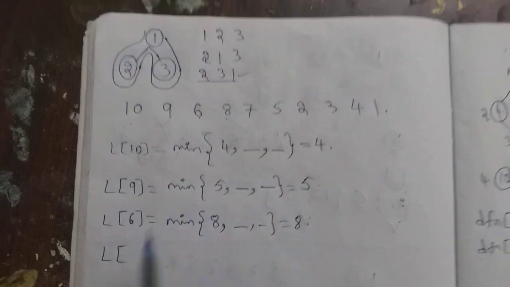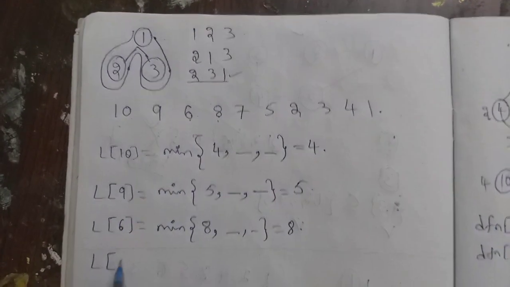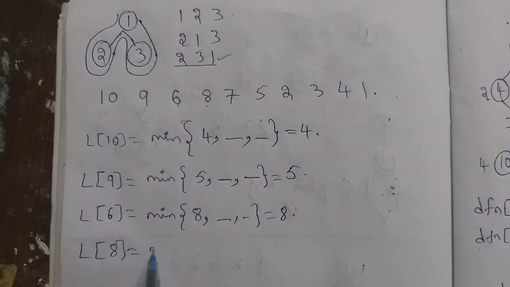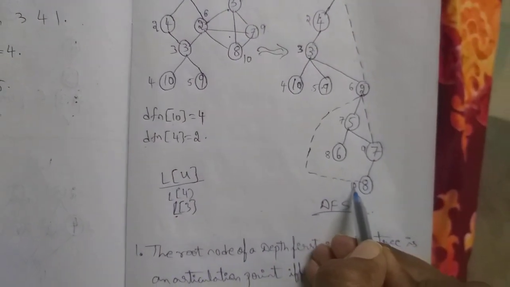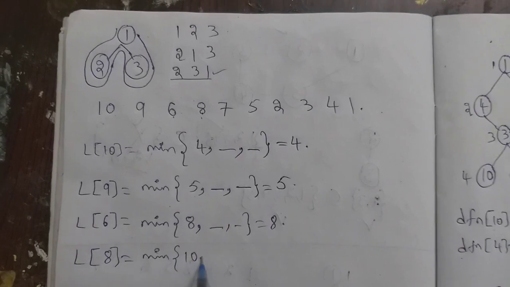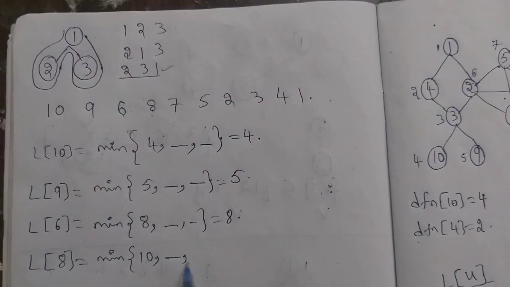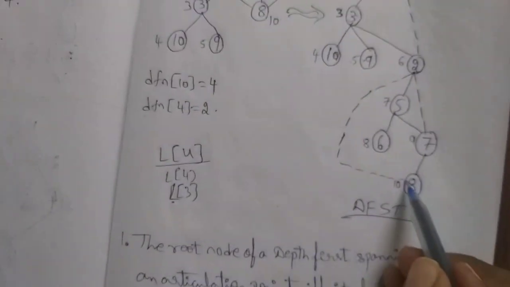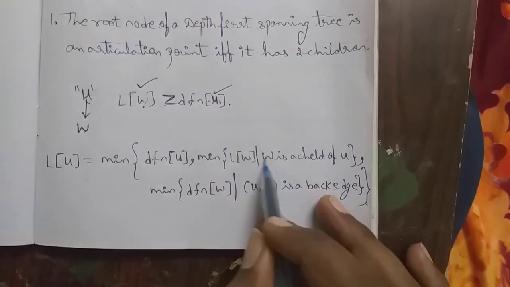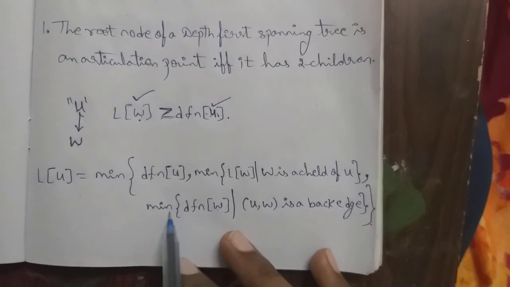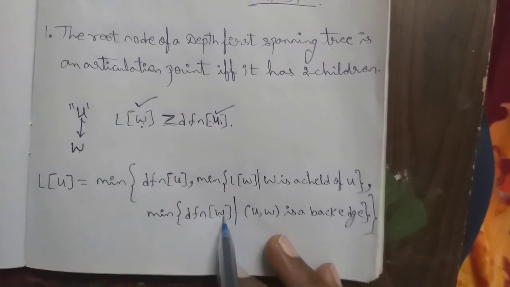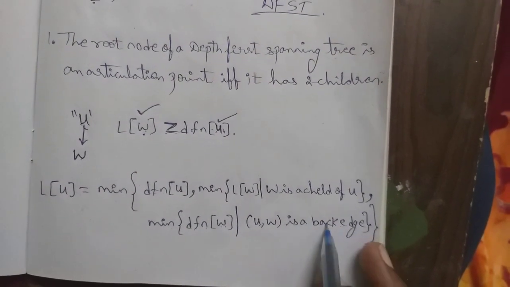Next vertex in the post order traversal sequence, 8. Therefore, L of 8 is equal to the minimum of depth first number of 8, which is 10. Comma. Does 8 have any children? No. Comma. It has a back edge, right? Yes. No children, but minimum of depth first number of W, where U comma W is a back edge.